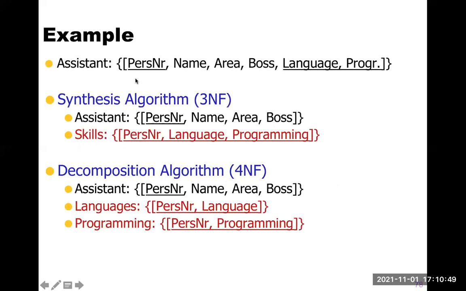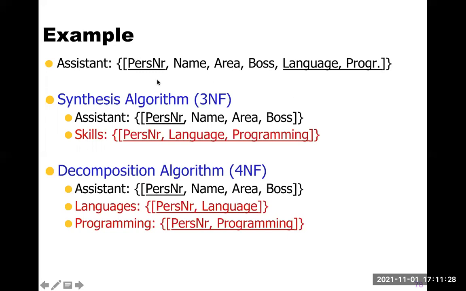So let's look at an example. I have such a table for a system: person number of assistant, name of that person, area or topic for PhD or something, professor, language that assistant speaks, and programming language it knows.